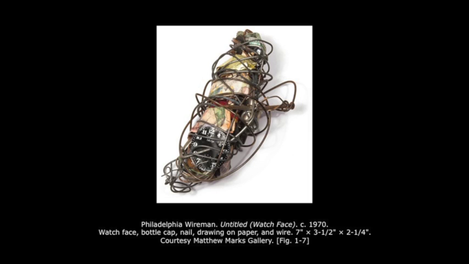This was just a collection of things that were made for some other reason, and we're not sure why. Materials included in this example are a watch face, paper that's been drawn on, bottle caps, and of course all that wrapped up in wire. Really interesting artwork, and the fact that it's anonymous makes it, in a way, seem even more valuable.